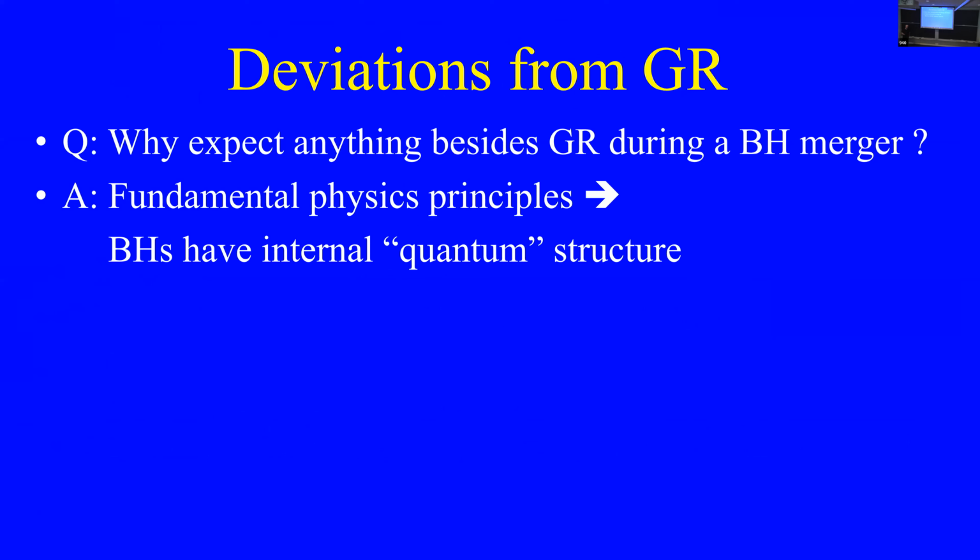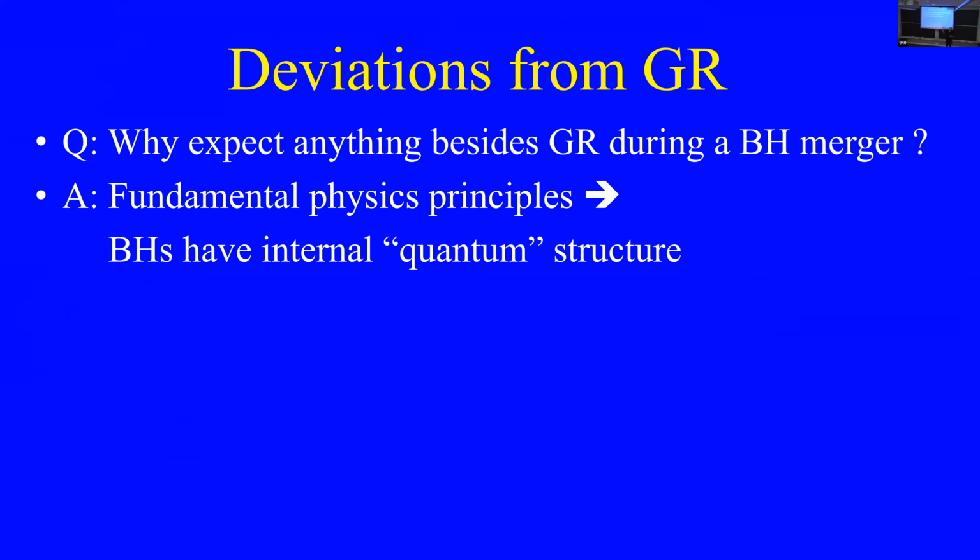First, the standard expectation, which I want to try to convince you is not quite correct, is that if you have these big objects, the black holes, they are classical and we will not observe any quantum gravity effects.